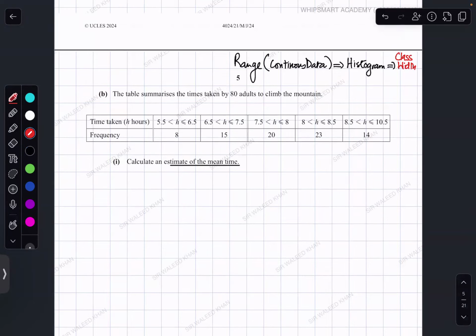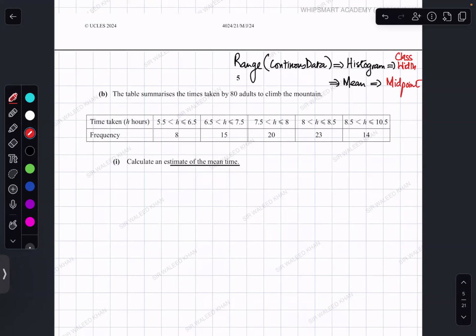Class width column or row, right? But if they ask you about the mean, then you won't be using class width, you will be using midpoint. This is a confusion. Midpoint. Data in range form: histogram, class width; mean, midpoint.